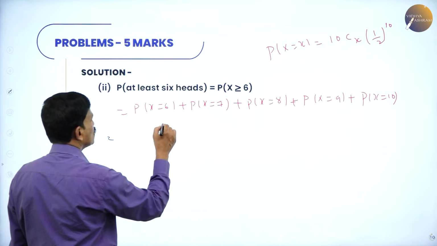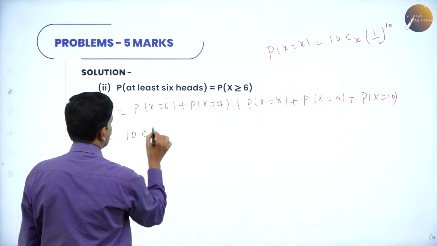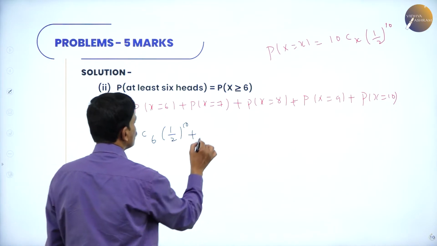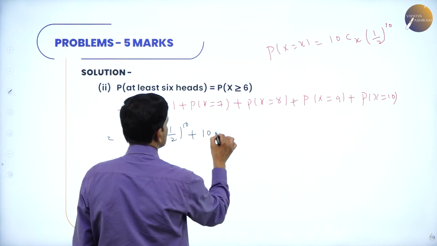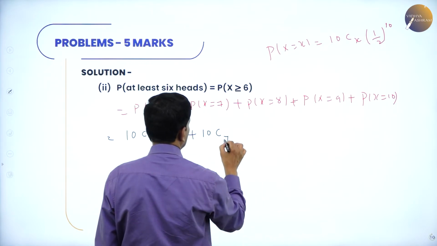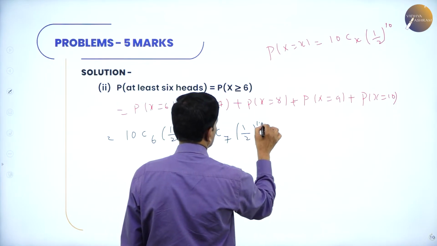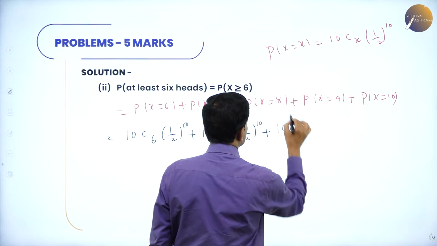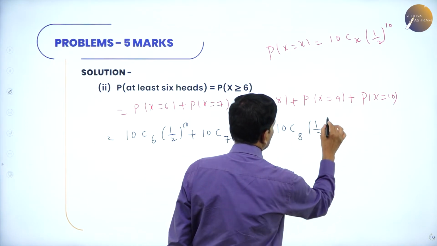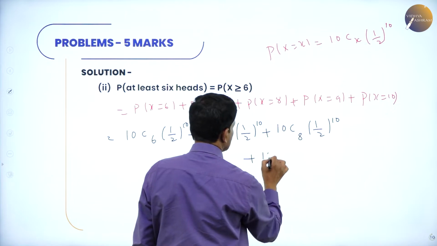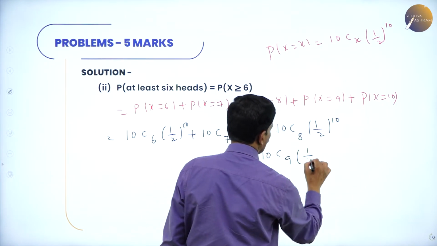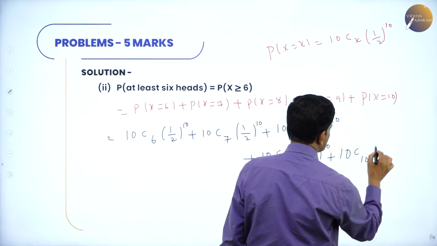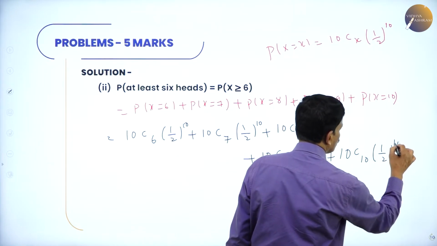So P of x is equal to 6 means 10C6 into 1 by 2 to the power of 10 as it is. Again 10C7 and 1 by 2 to the power of 10 as it is. Again 10C8, 1 by 2 to the power of 10, plus 10C9, 1 by 2 to the power of 10, plus 10C10, 1 by 2 to the power of 10.